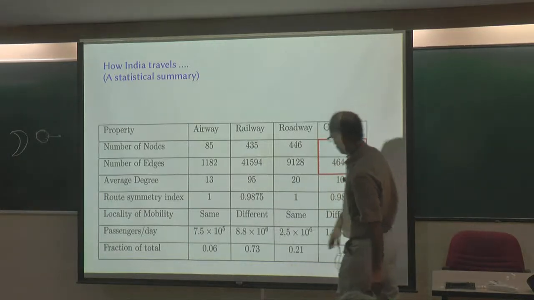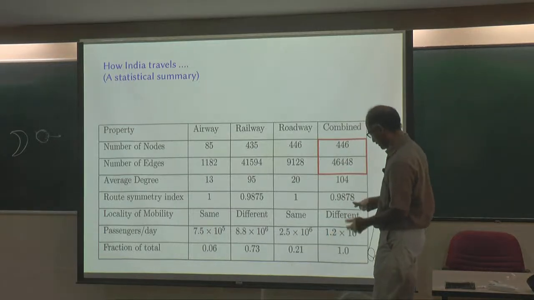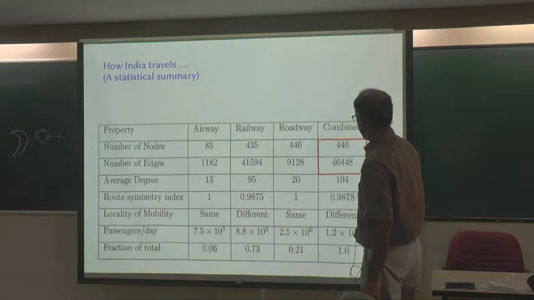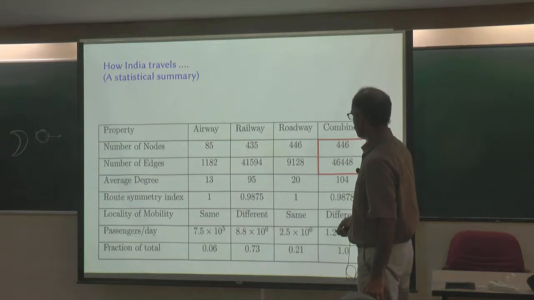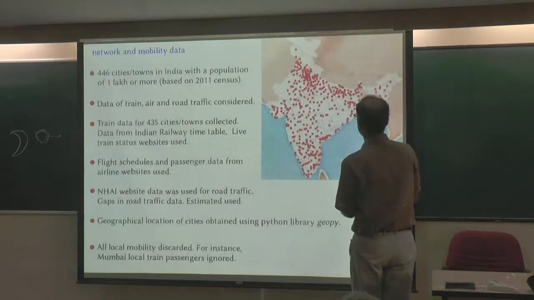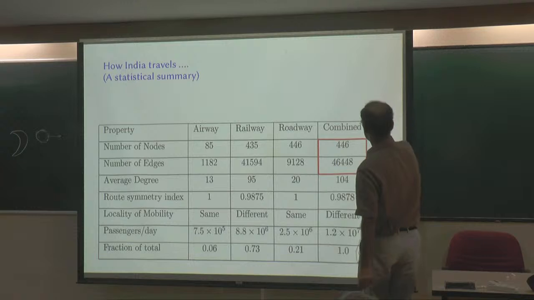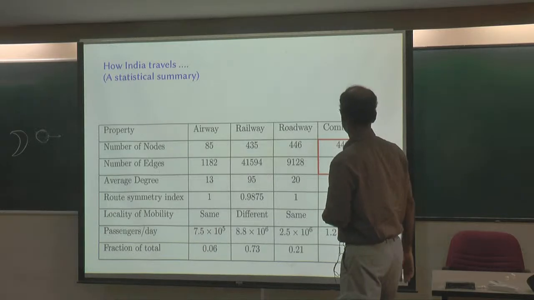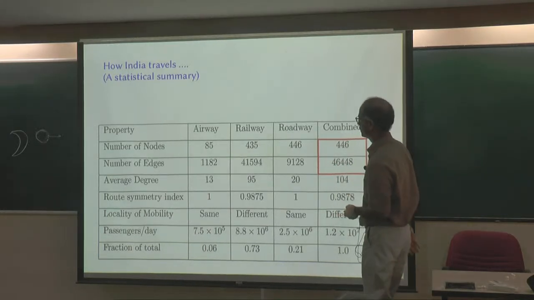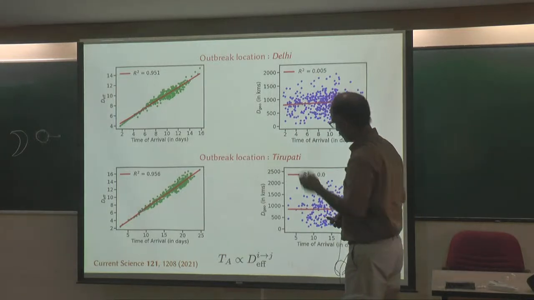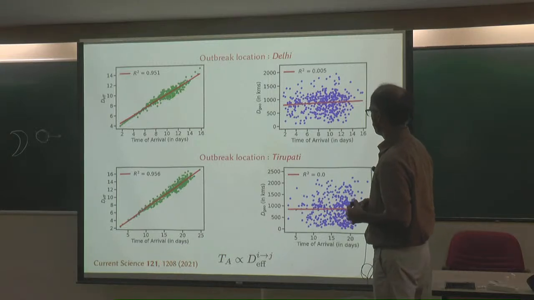Not very surprisingly, railways carry 73% of the passengers, air travel about 6%, and roads 21%. The network you see here is made up of 446 nodes and 46,448 edges.